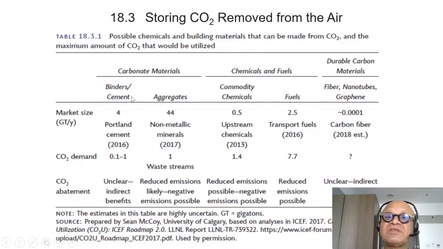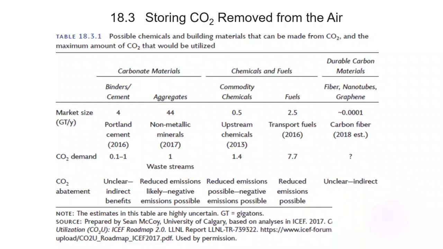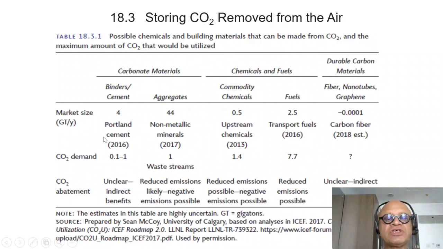So binders and cement. Cement is one of the high emission industries where limestone is heated and broken down to produce coke, which releases the CO2 from the limestone. So we will see in a table what is generally the Portland cement. The method of producing cement has potential of 4 gigaton carbon per year, CO2 per year. That was the estimate in 2016.